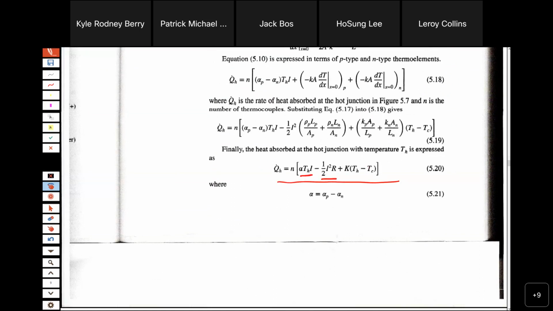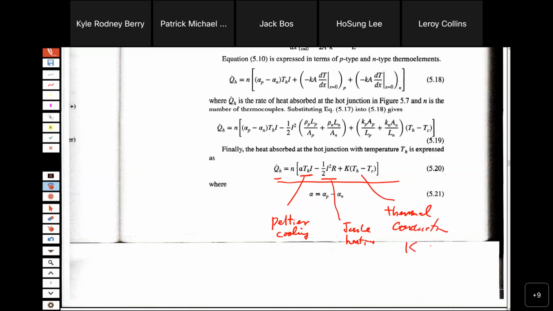This is against the direction of heat flow, the Joule. This is the Peltier cooling, and this is the Joule heating phenomenon. And this is thermal conduction.